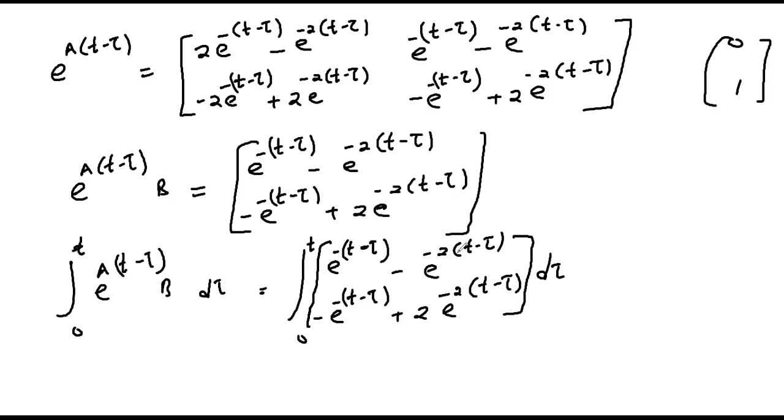Then this term will give us exponential negative 2t as a constant, and then exponential to positive 2 tau integrated will give us a half exponential 2 tau. This and these terms are the same. And then because of these two, the only difference between these two and this is their half will cancel out with 2, and we will end up with our terms as follows.